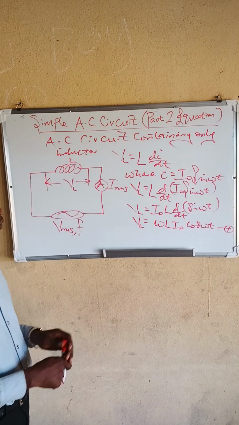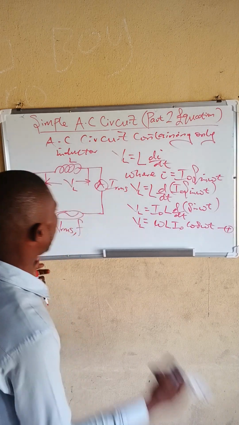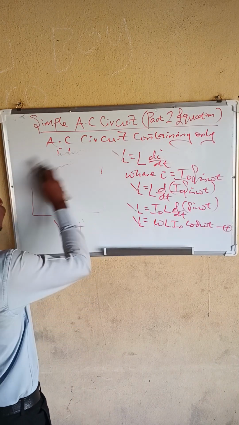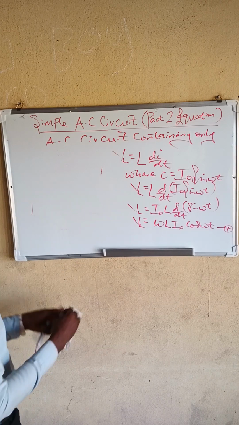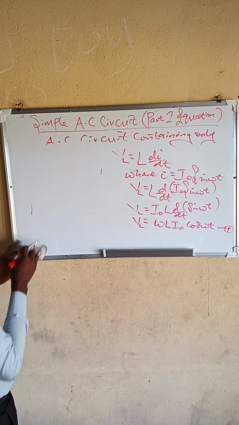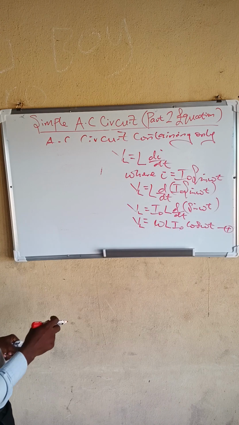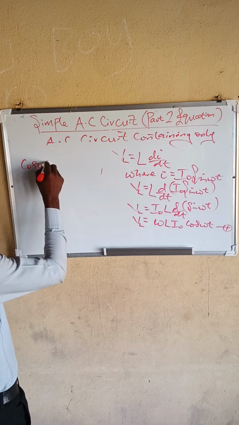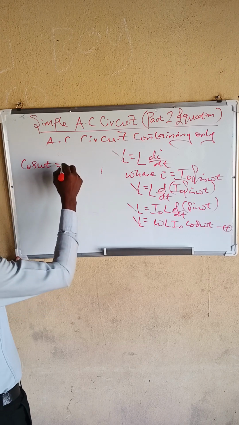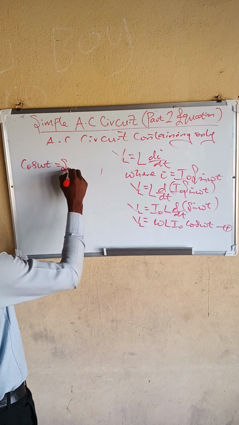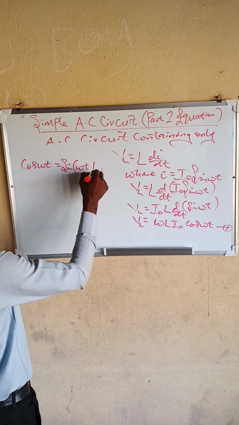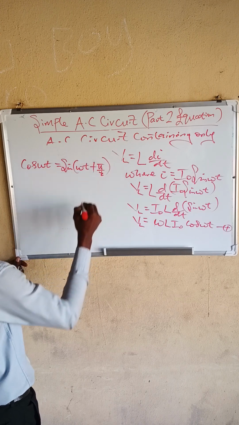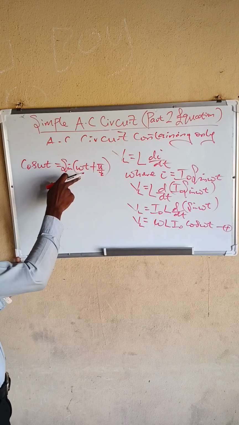Then this remains my equation 1. Then from trigonometric identity, cos omega t is given as sine omega t plus pi over 2. That is from trigonometric identity.